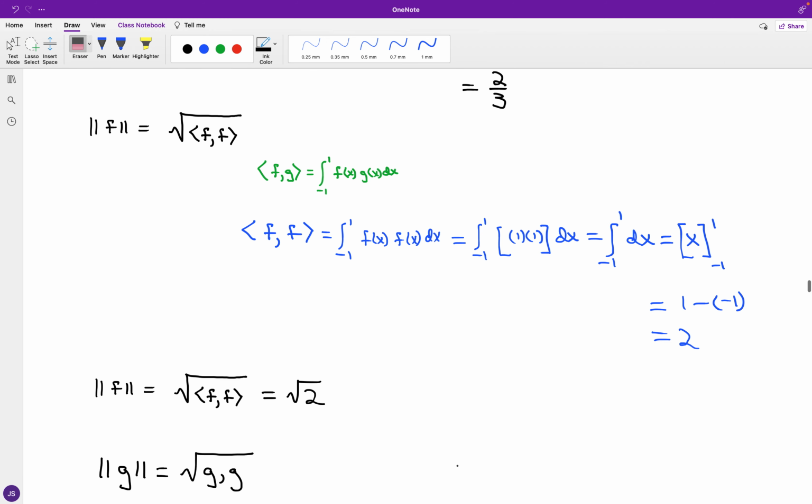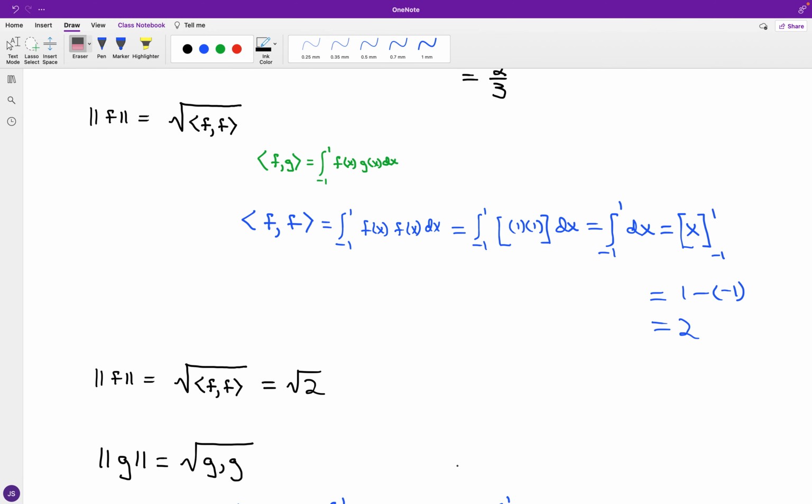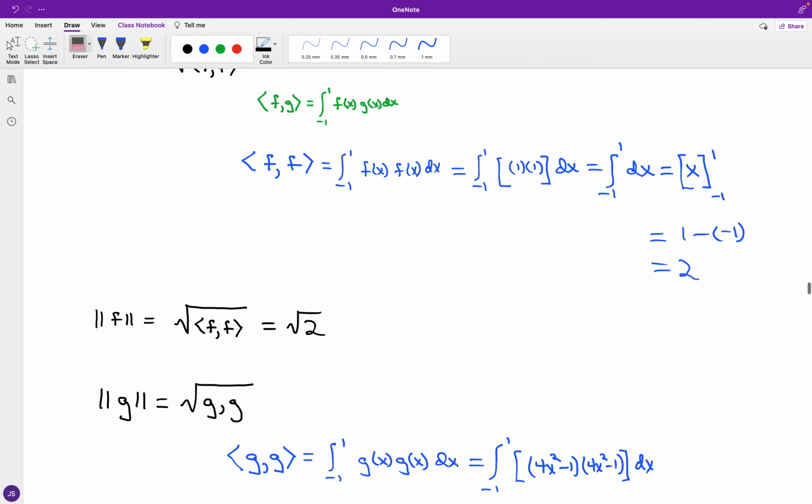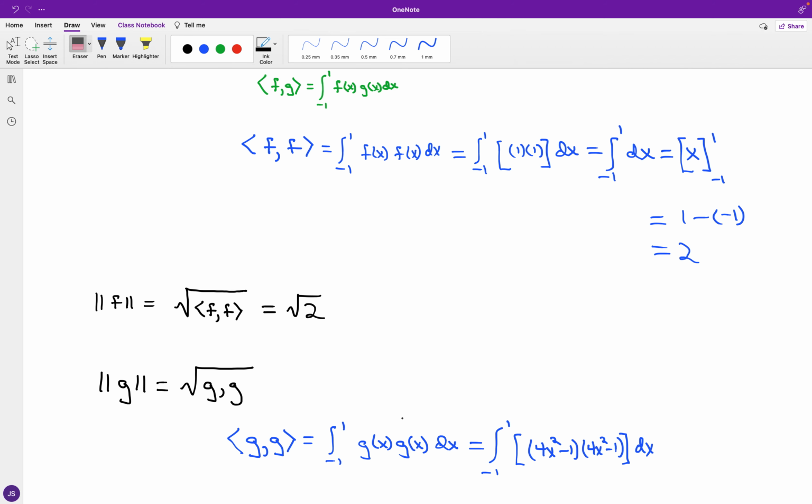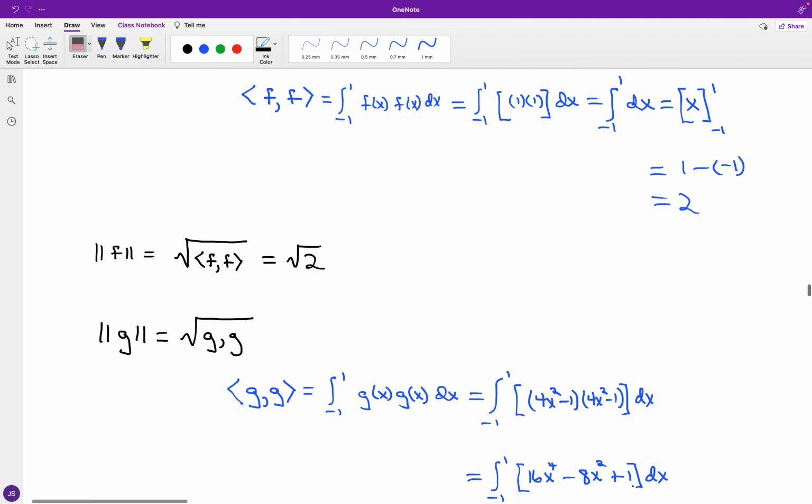Now, looking at the norm of g, we're looking at the square root of the inner product of g with itself, and this time with the same integral, but replacing f of x with g of x. With g of x defined as the difference of squares, 4x squared minus 1, we're going to have g of x times itself over x as x goes from negative to positive 1.